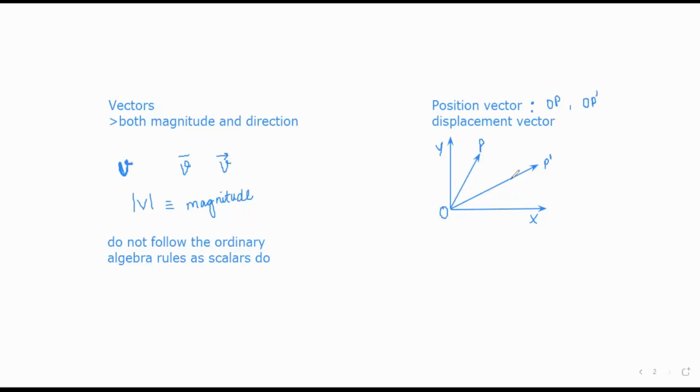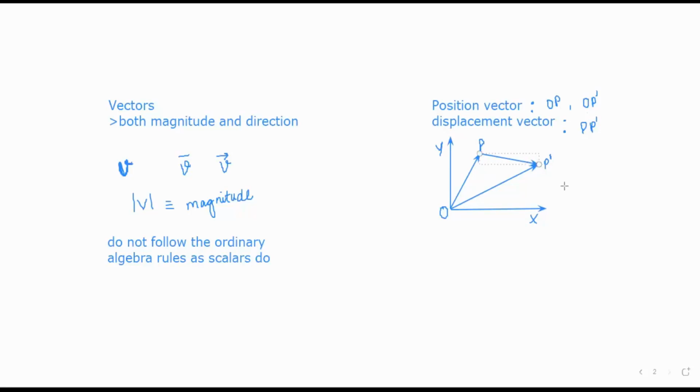And the displacement vector concept comes into play when we say that the particle is initially at some point P, and then it moves away from that point and reaches P dash, which is the final position. Then the displacement vector would be PP dash. P is written first because that's the initial position of that particle.